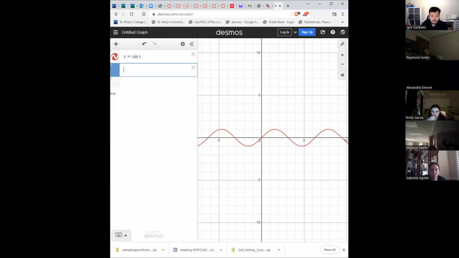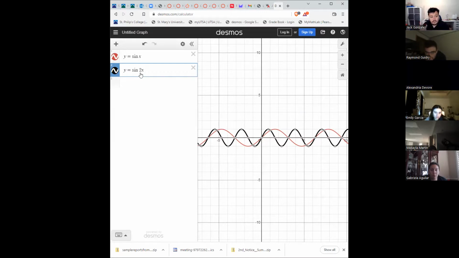So if we double our omega there, notice how it's basically finishing twice as fast. It is cycling twice as fast. That's what this 2 is doing. And in essence, if it's twice as fast, then that means that the period has shrunk by a factor of 2.